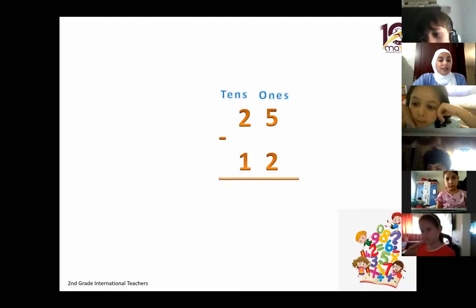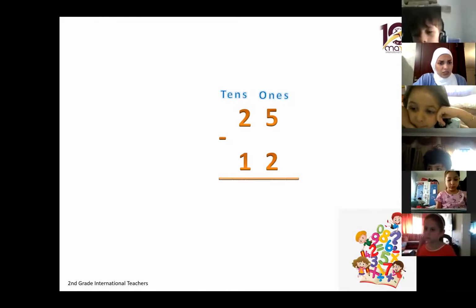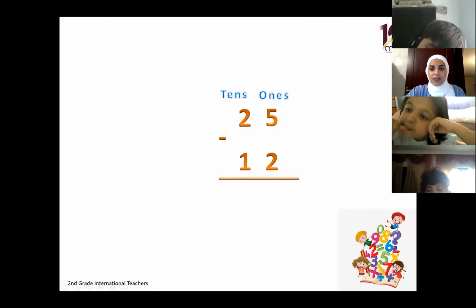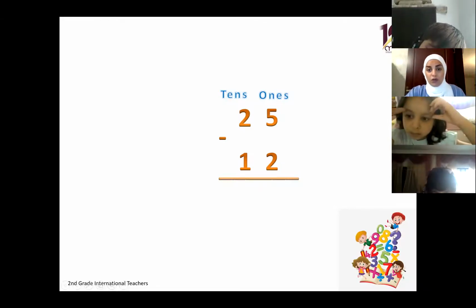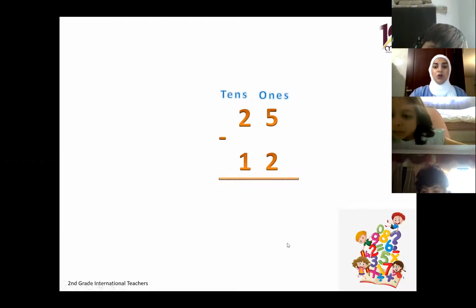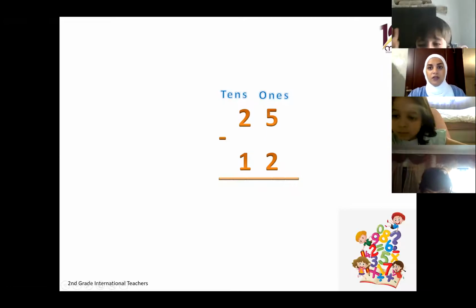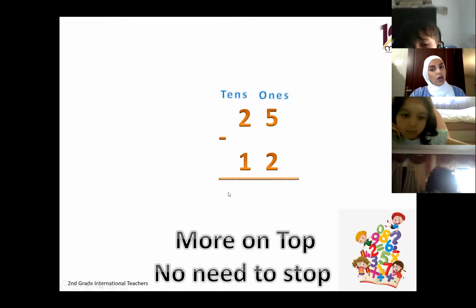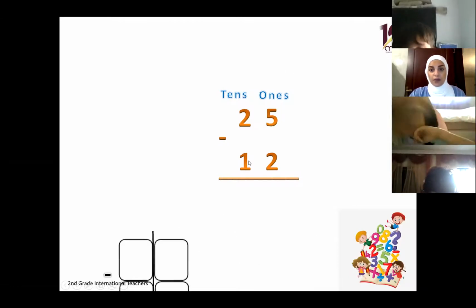No. It says more on top, no need to stop. What about the tens? Do we have more on top or more on the floor? Good, good, more on top. Thank you very, very much. So, more on top, no need to stop.